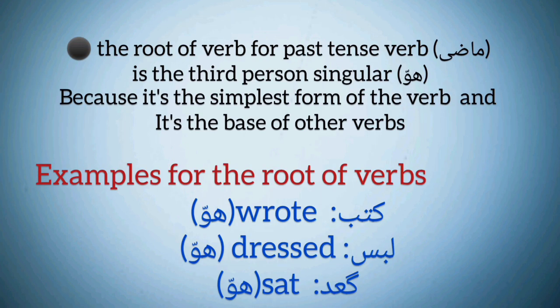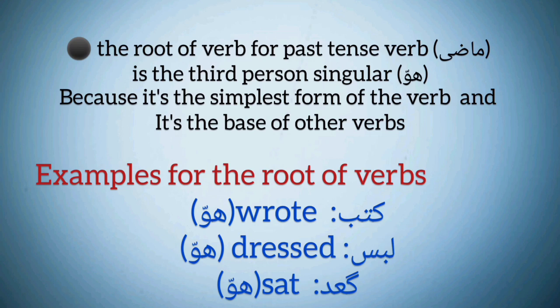As we said, in order to conjugate the Arabic verbs, we need to add suffix and prefix to the root of the verb. But how can we find the root of a verb in Arabic? The root of the verb for past tense verb, for فعل ماضي, is the third person singular. هو. For example, هو كتب, هو لبس.